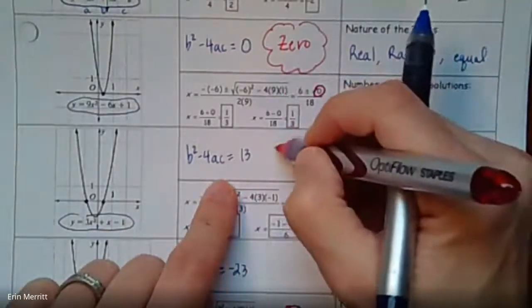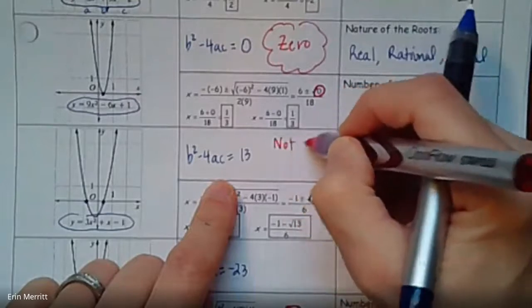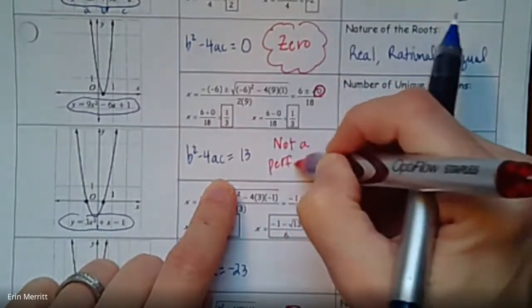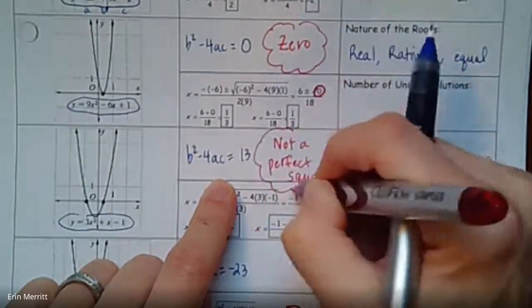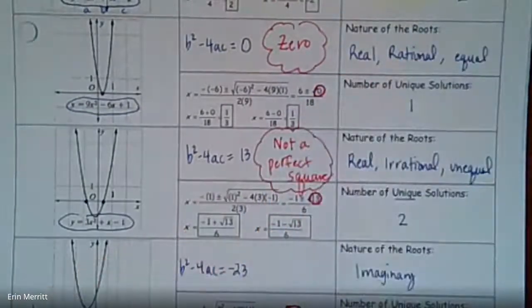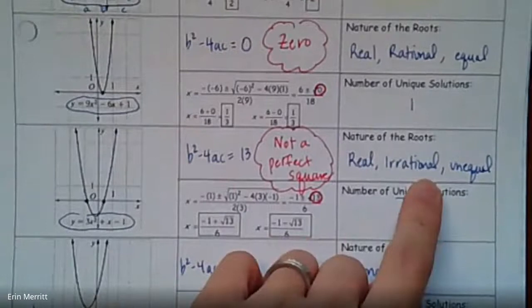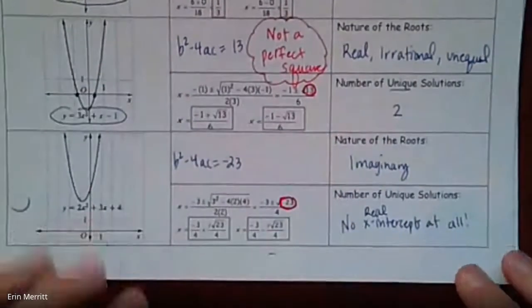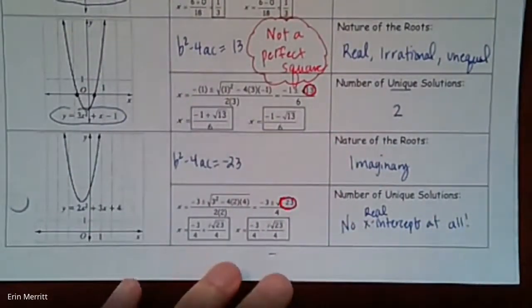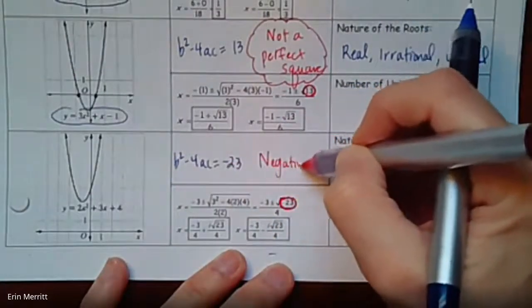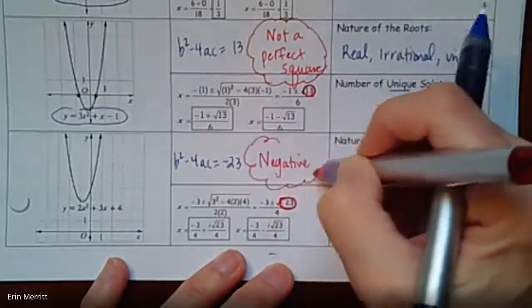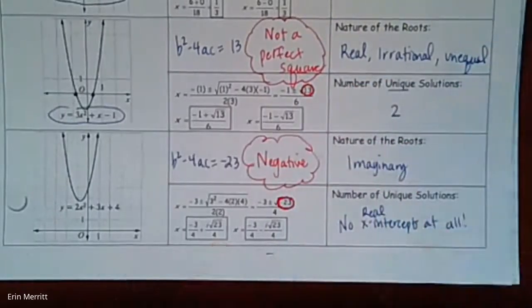So not a perfect square is actually how I'm going to categorize it. And this way, it forced the answers to be irrational because we couldn't fully simplify. And then the last case, the second it came out negative underneath a radical, that's what forced the imaginary part to happen.